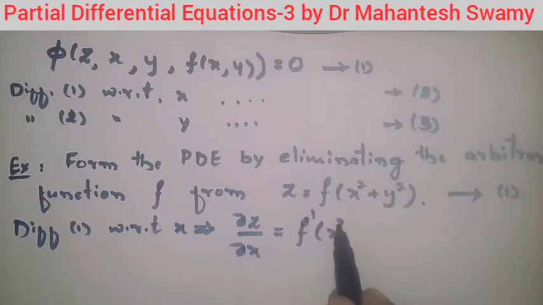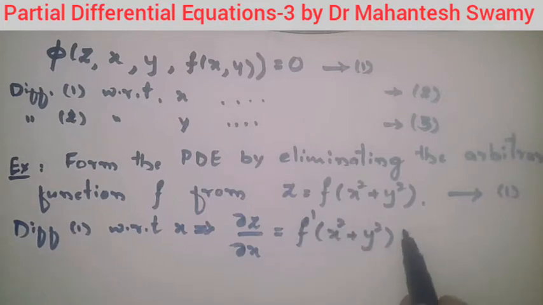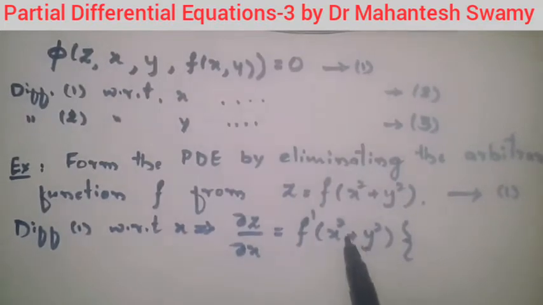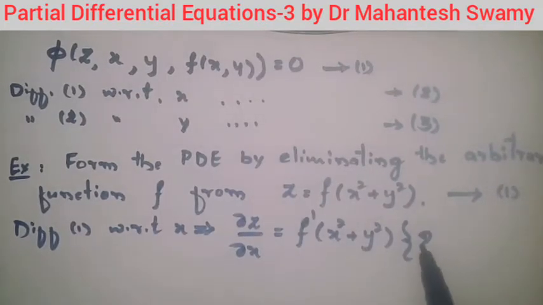It was f of bracket x square plus y square. Its derivative will be f dash of the same thing, that is, bracket x square plus y square, into the derivative of the quantity within the bracket. The differentiation of this quantity will be 2x plus 0.